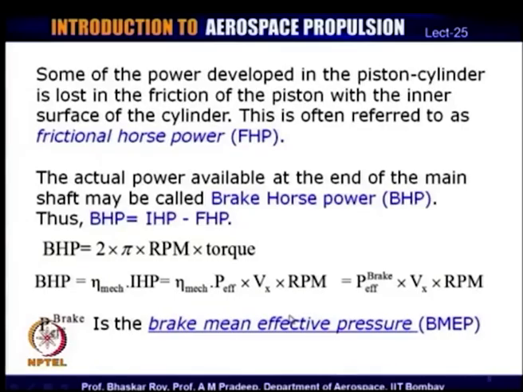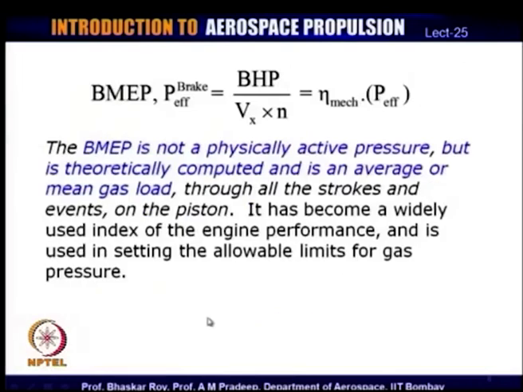that is being created through the piston cylinder arrangement, and this is why I said that this is some kind of an average pressure that is created by the theoreticians. It is not something that you can actually measure, and it is not the physically active pressure inside the cylinder.